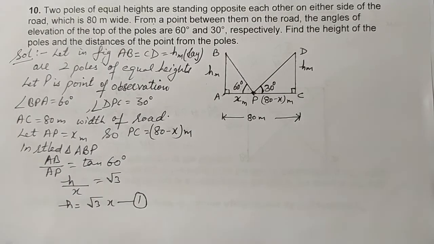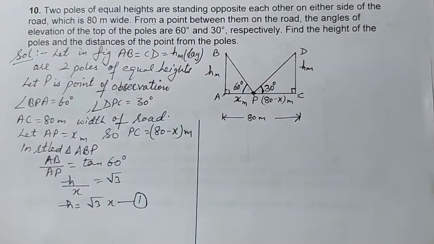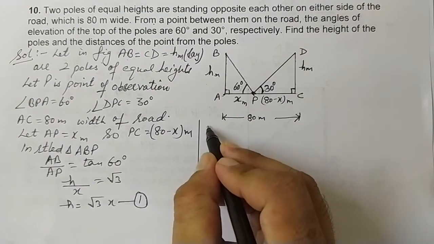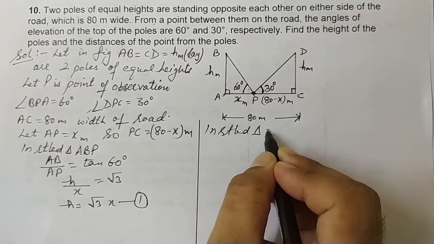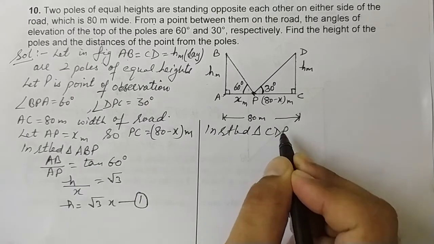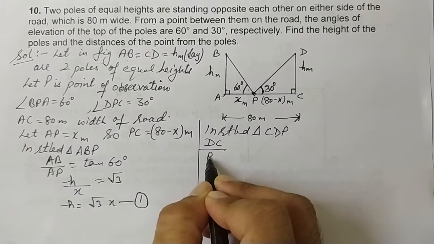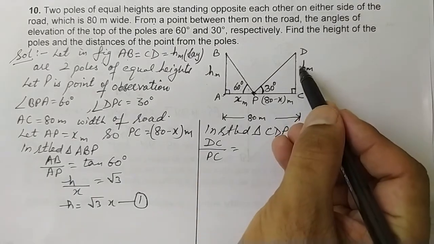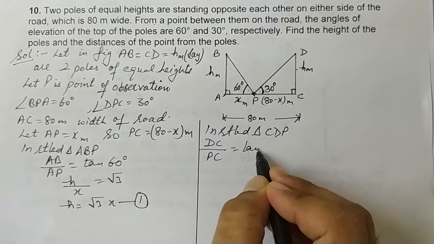This is equation number 1. Now we'll find out the value of h in the second triangle also. In right angled triangle CDP, perpendicular over base, DC over PC, is tan 30 degree.